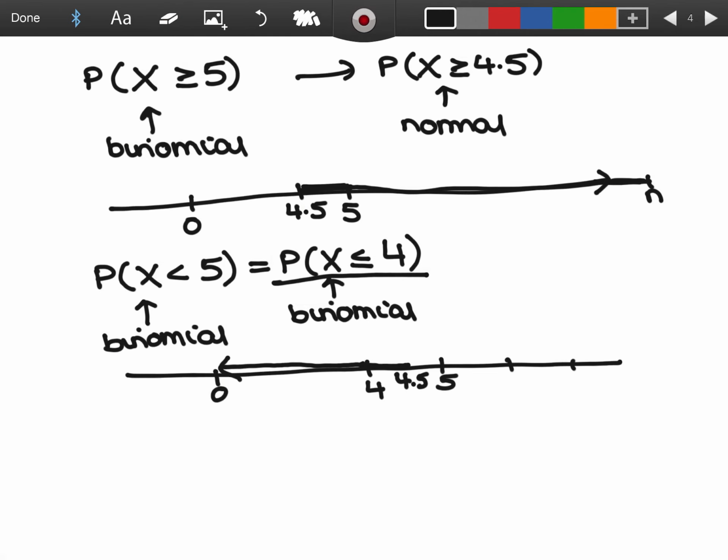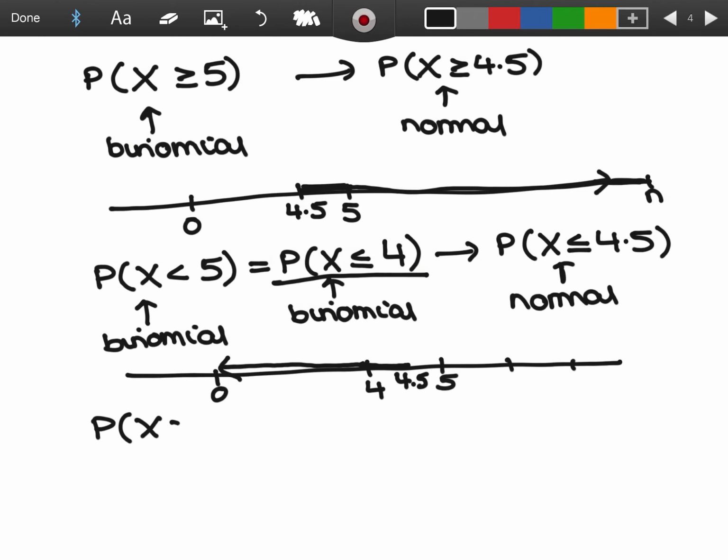Anything up to 4.5 will round down to 4. Okay, and I have made this set larger. I've made that line longer. So in normal distribution, this would be the probability that x is less than or equal to 4.5. And this is in normal distribution. We have now done our continuity correction.